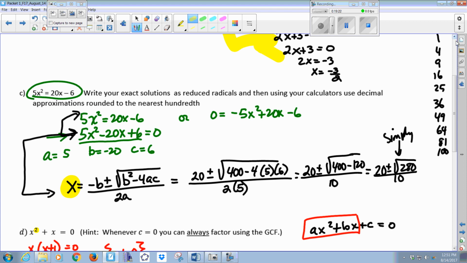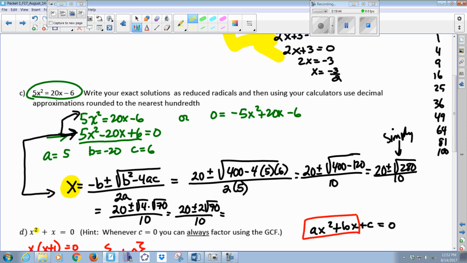And the first thing I notice is that 4 will divide into 280. So I know I can use 4, so now I continue with my equal sign. I get 20 plus or minus the square root of 4 times the square root of 70, all over 10. And now I get 20 plus or minus 2 square roots of 70, all over 10.